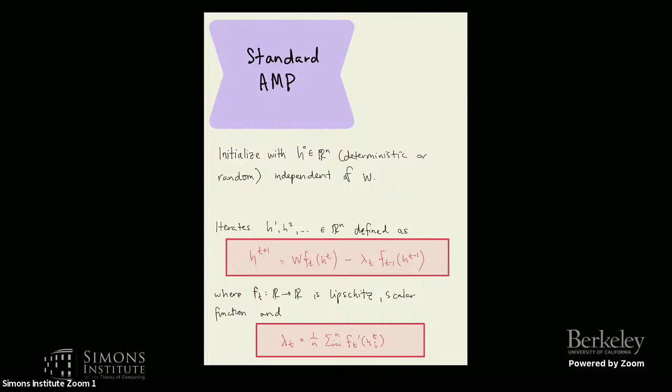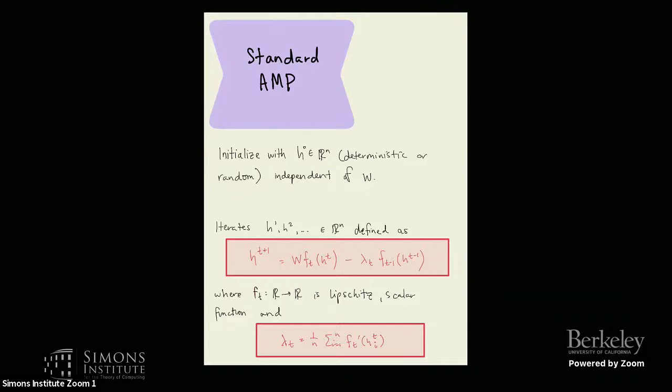Okay, so here's the basic AMP algorithm that I want to study. So the idea is the following. We're going to initialize our algorithm with some deterministic or random vector h0.